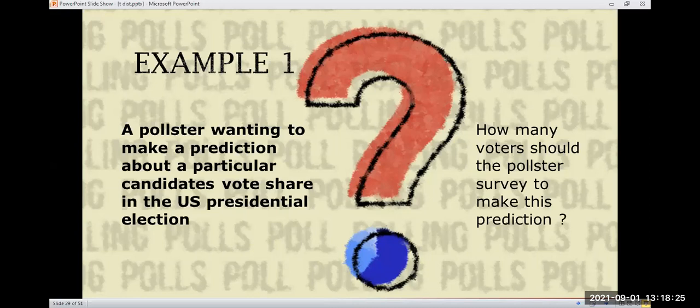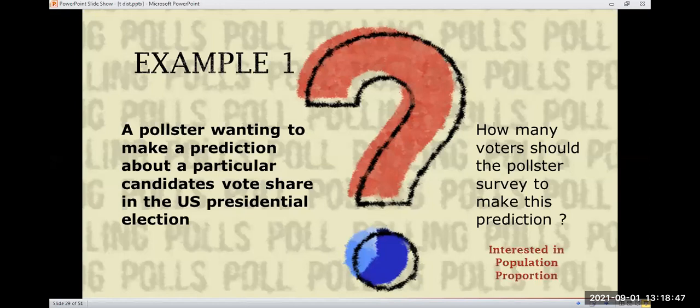How many voters should we ask to predict that candidate A will get this share of votes and candidate B will get that share? That number of voters is the question: how many they will have to survey to get the right prediction.